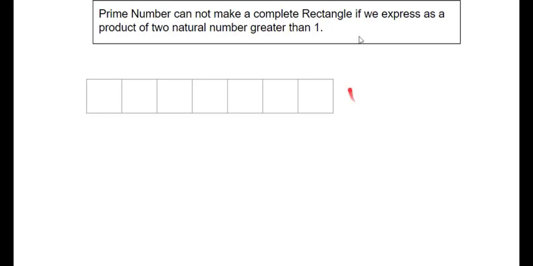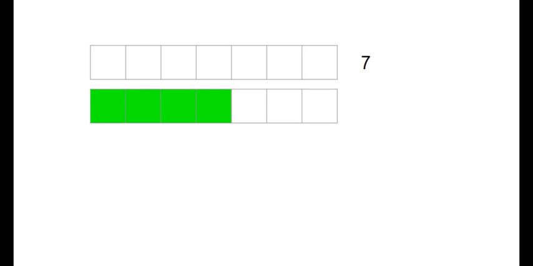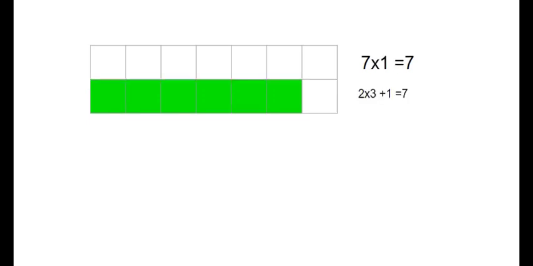Look at this one, for example. So you may have this as one of the numbers. Now you have 2. How many 2s do you have in 7? Let's see. 2, 4, and 6. So you have 3 groups of 2, but still there is one left over.